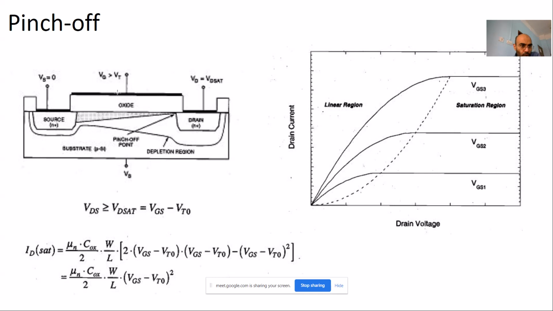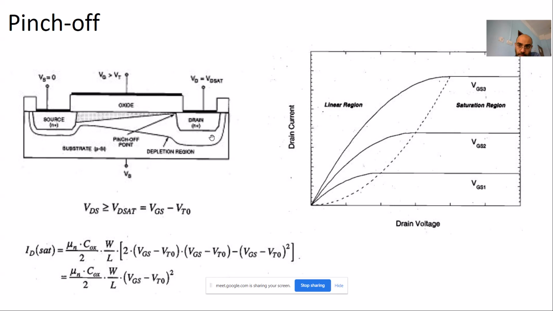The gate is at 2 volts, the source is at 0 volts. The gate to drain voltage difference should be exactly equal to the threshold voltage. I'm not saying that VD should be equal to the threshold voltage; this difference should be.